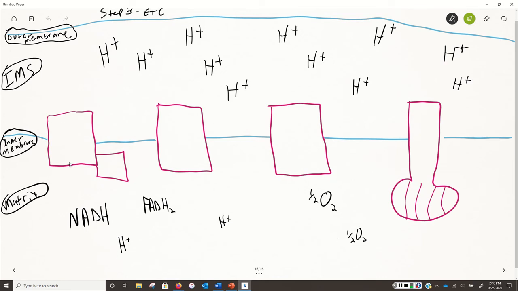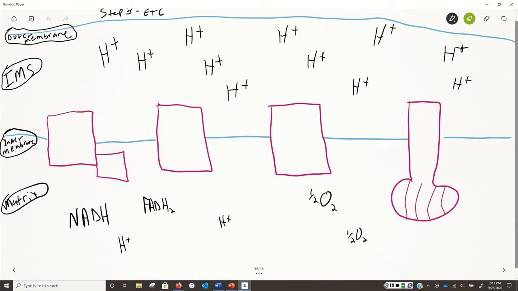These kind of pinkish purple boxes are various proteins, different types of transport proteins along this inner mitochondrial membrane. This weird looking thing down here at the end is a very specialized protein called ATP synthase. You don't need to know the name, but that's just an important one that we're going to be looking at.